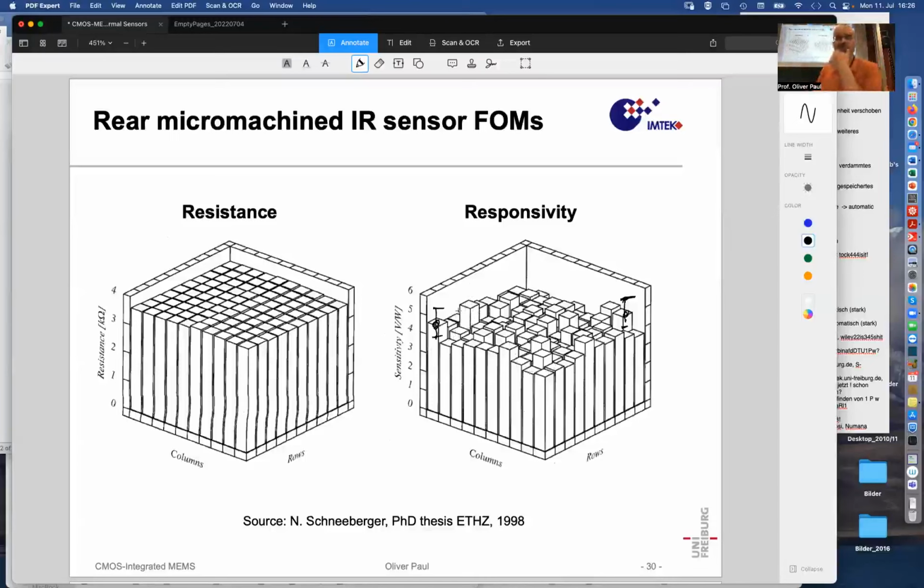That would have to be determined, but I guess that what we see here is mostly noise of the measurement. So a responsivity or sensitivity of 4 volts per watt.